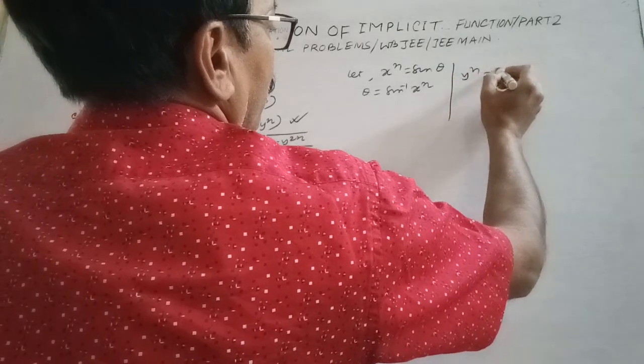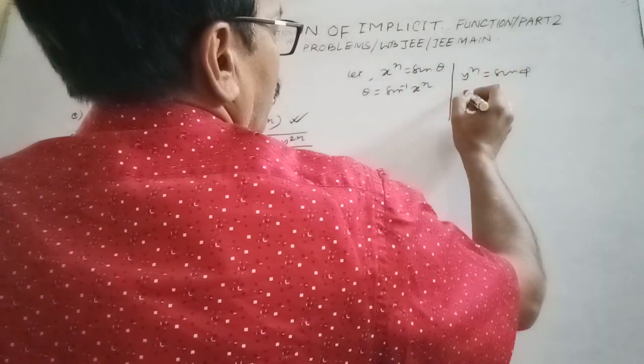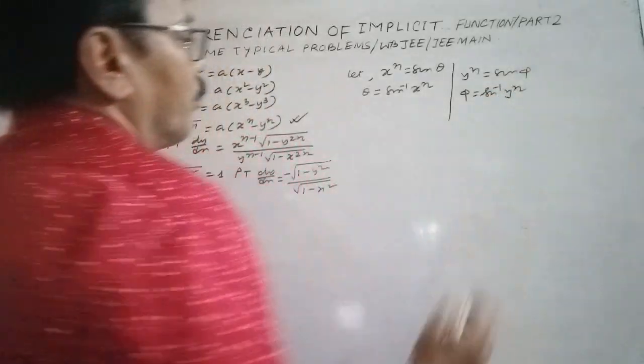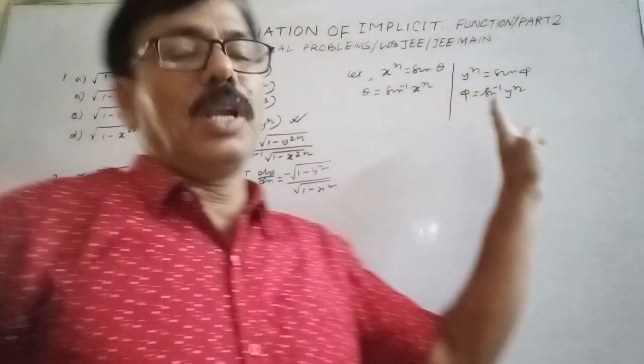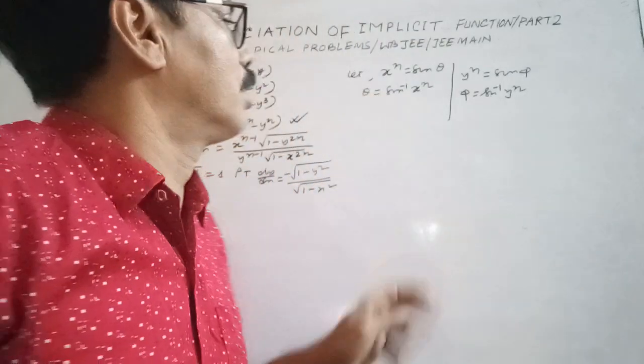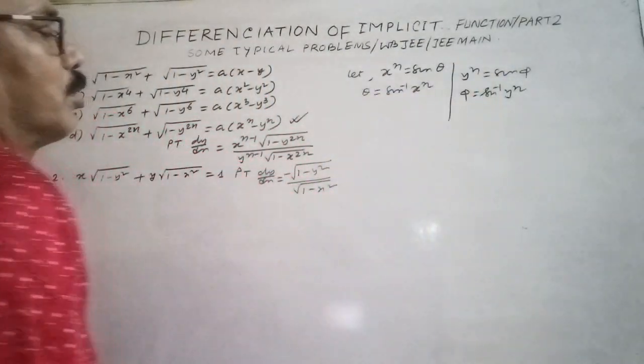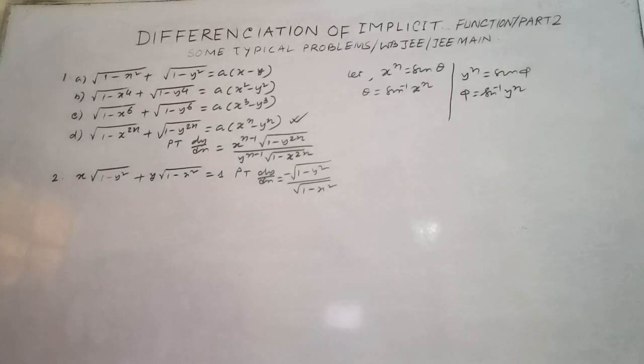y to the power n equals sine phi. So what is phi? Sine inverse y to the power n. So our original variables are x and y, so express theta and phi in terms of x and y.